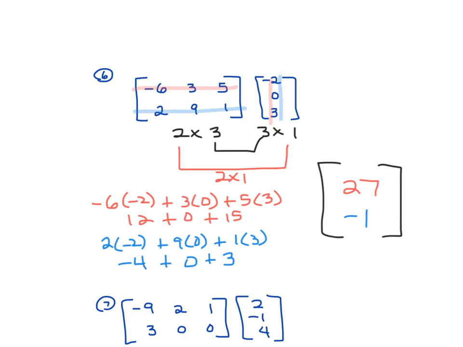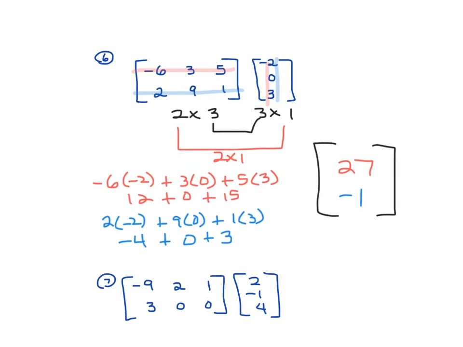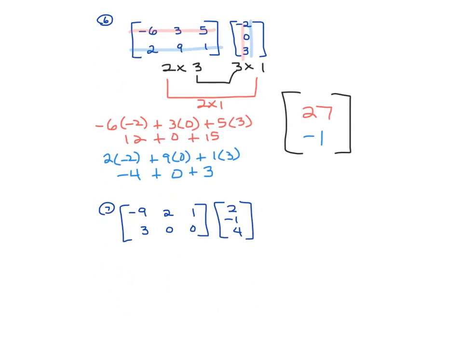Example 7 is going to be the same thing. Again, we're starting with a 2 rows by 3 columns and a 3 rows by 1. The 3's are the same. Again, my answer matrix C is going to be a 2 by 1.